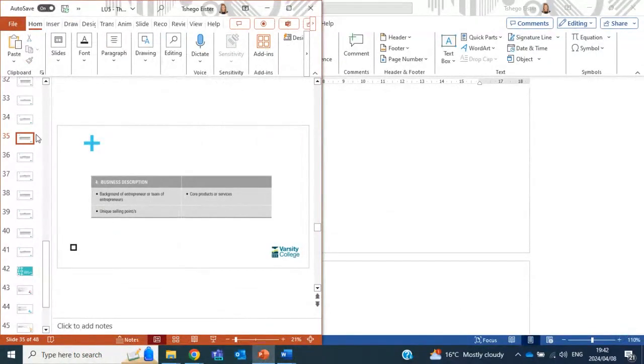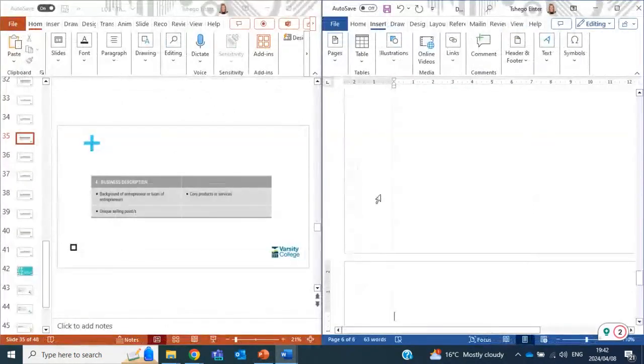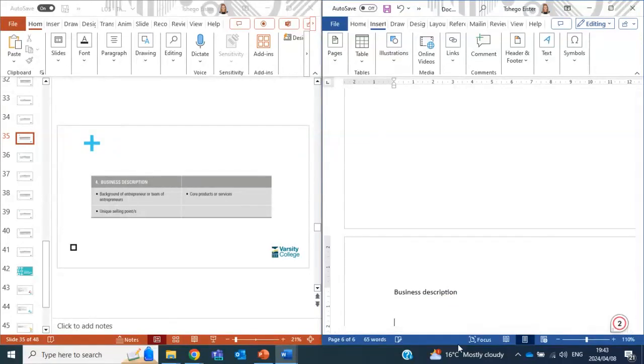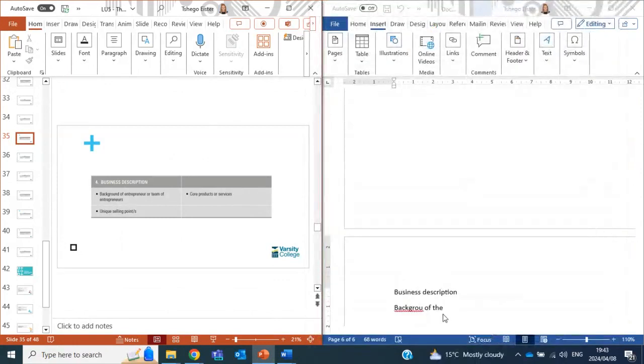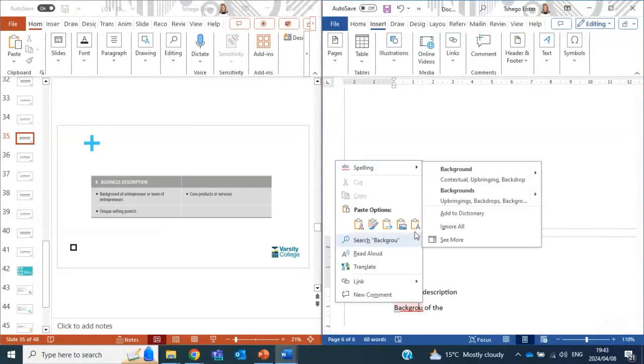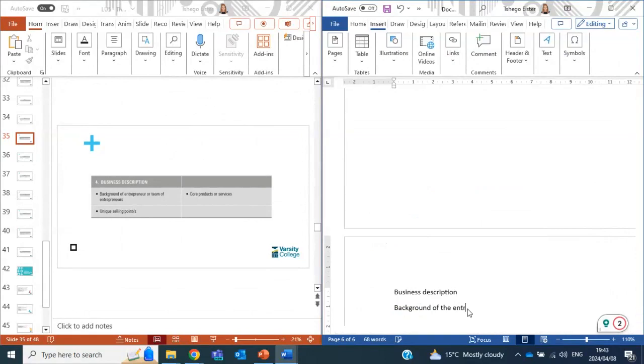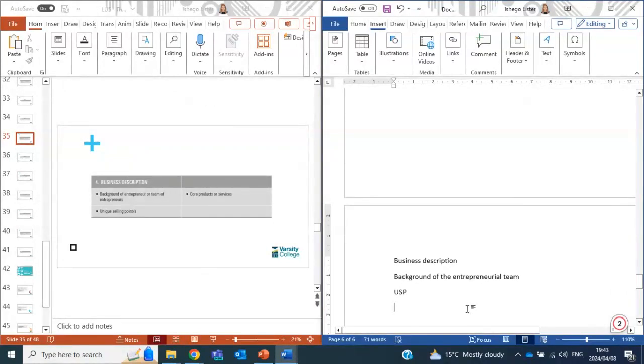Then the next thing we need to look at is the business description. And the business description covers the background of the entrepreneur or the entrepreneurial team, the USP, as well as then the core products.